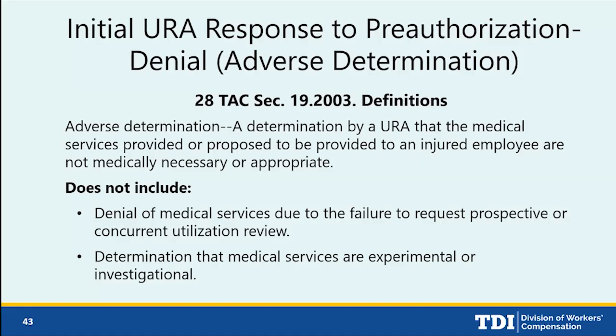And this means that the utilization review agent has determined that the medical services that you either provided or are proposing to be provided on the pre-authorization request are not medically necessary or appropriate. So again, this is not a denial saying, oh, you forgot to get pre-auth. That's on the administrative side. It's also not a determination whether your services are experimental or investigational.